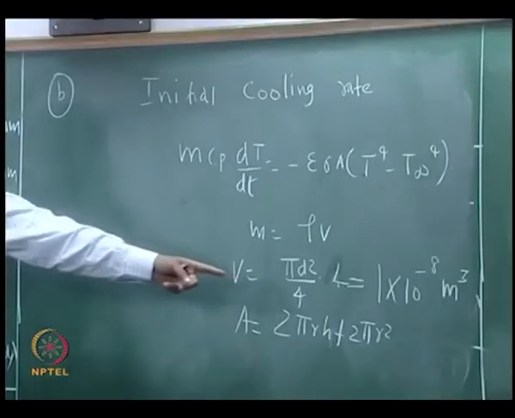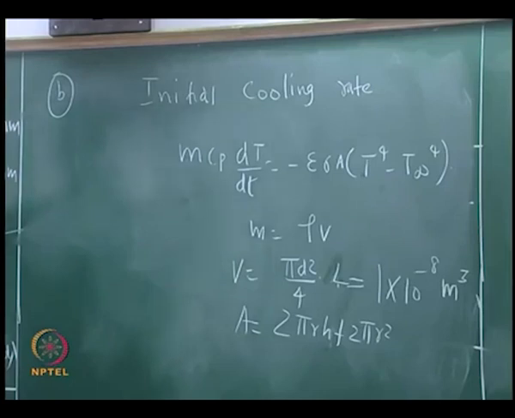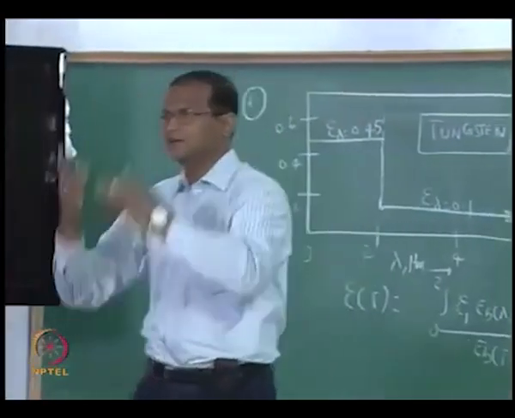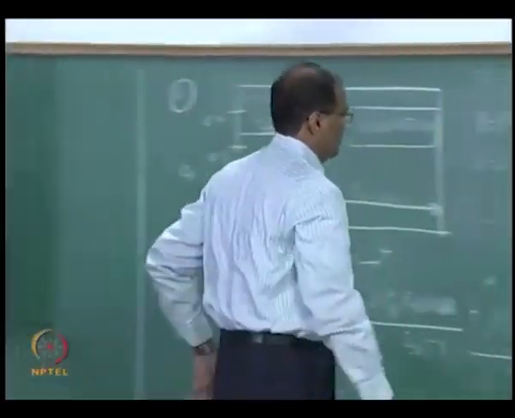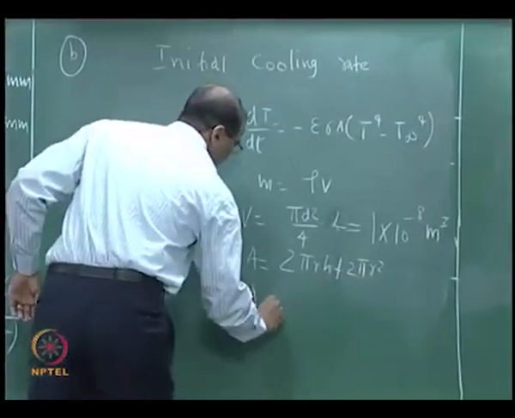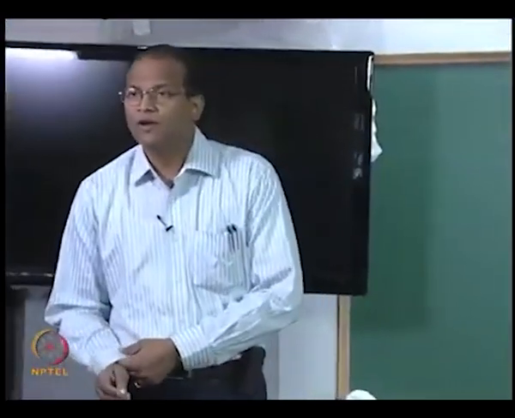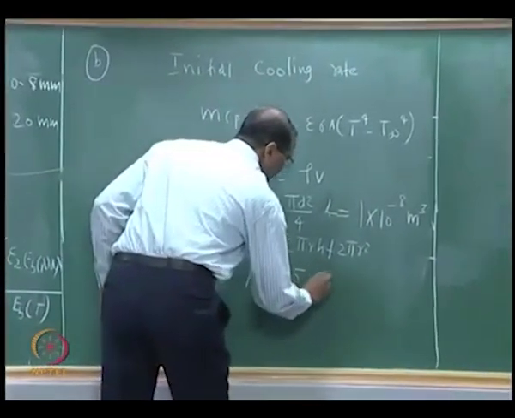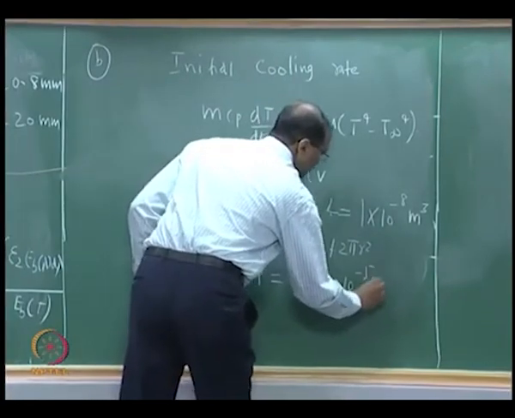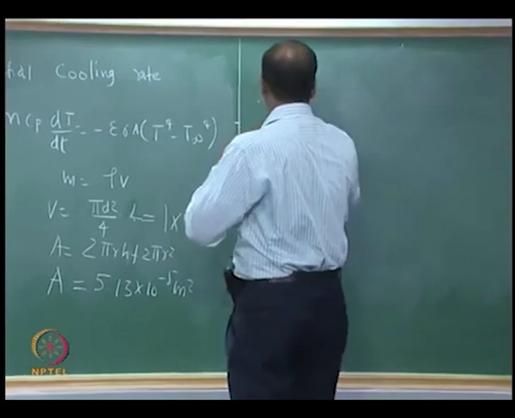What is the funda here? 2 pi RH plus 2 pi R square? 2 pi RH, pi R square, pi R square. Bottom, top, side. Yeah, what is A? Five point 10 to the power of minus. What is M? Yeah, we can do this.